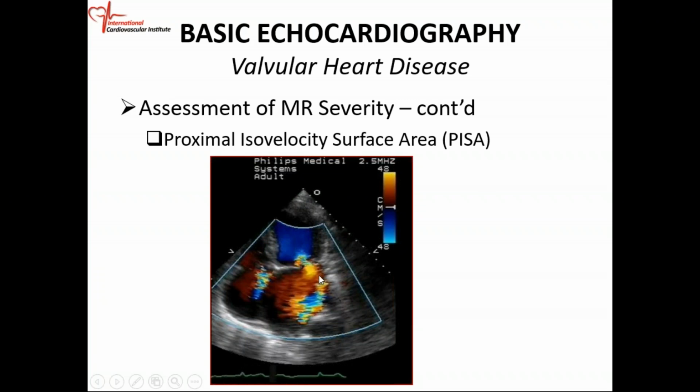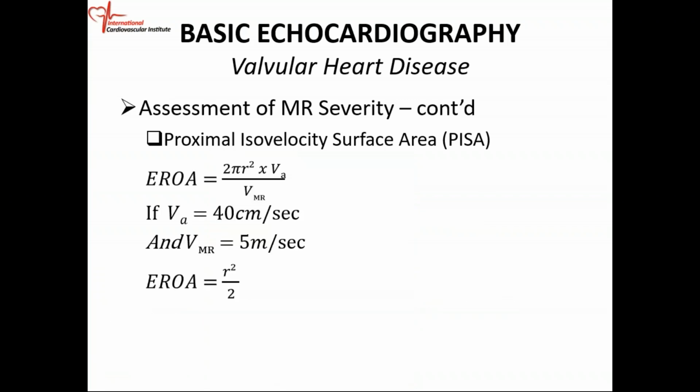Okay, so this is actually a somewhat eccentric MR jet, but you still get your nice flow convergence. This is the aliasing velocity. Okay, so the only unknown when you put everything together is the EROA. The only unknown is the EROA.